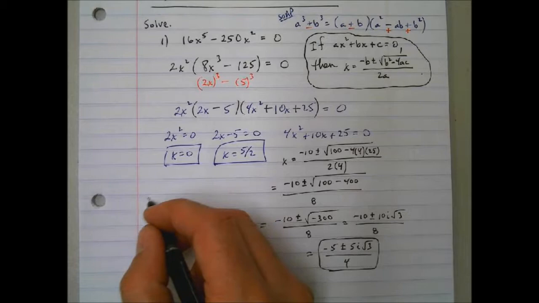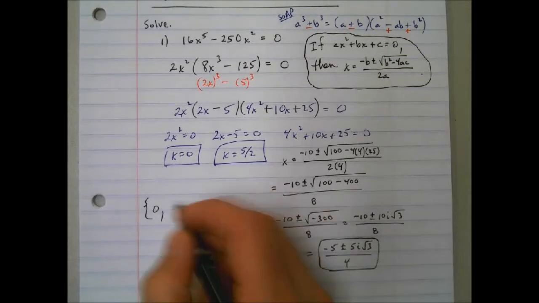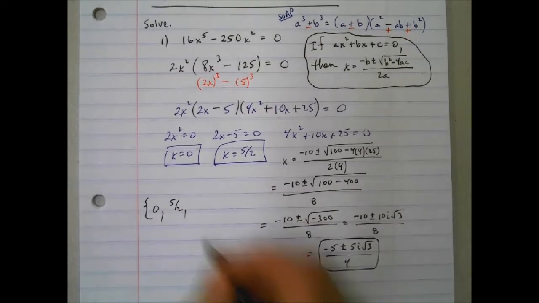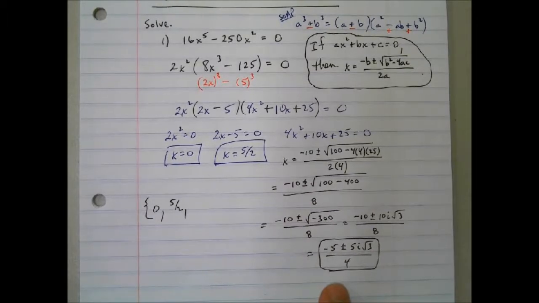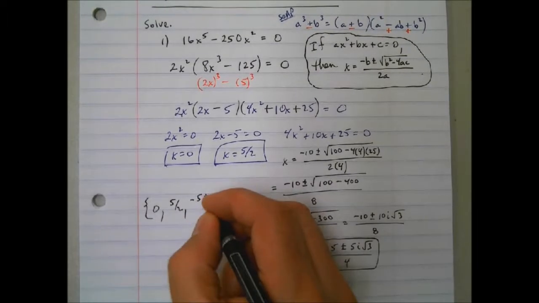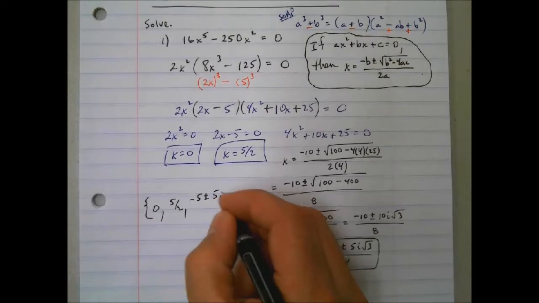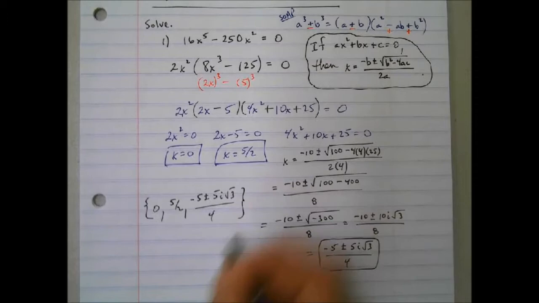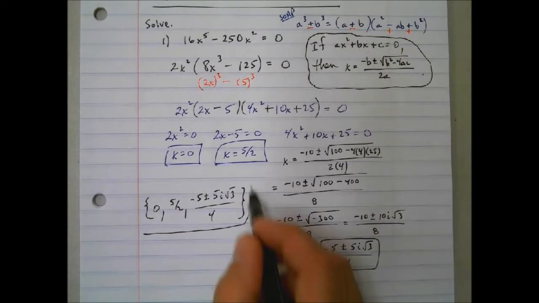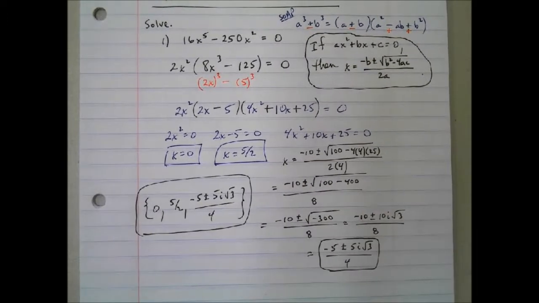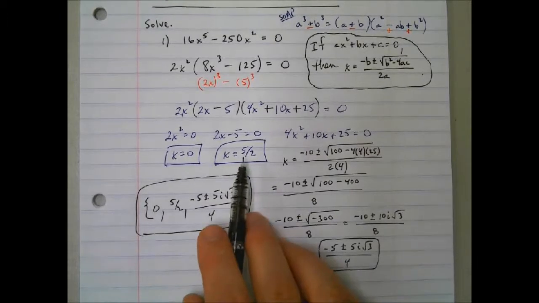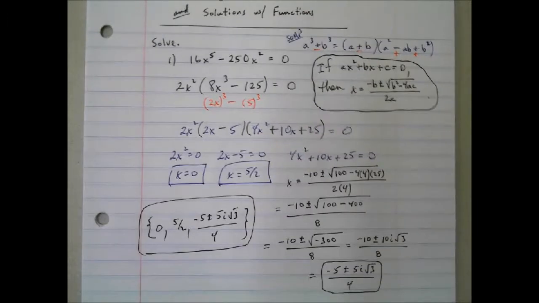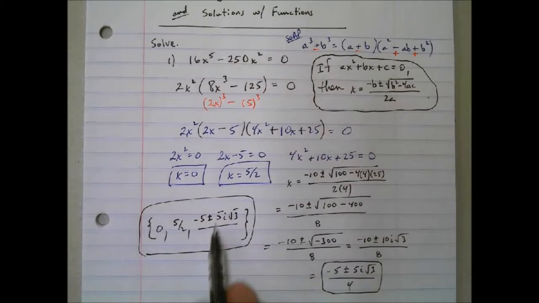Okay, so our solution set, we've got 0, we've got 5 halves, and we've got these two solutions, negative 5 plus and minus 5i root 3 all over 4. Okay, and so all those solutions. Now, anytime you are using the sum or difference of cubes, you're always going to have a pair of imaginary solutions in there.